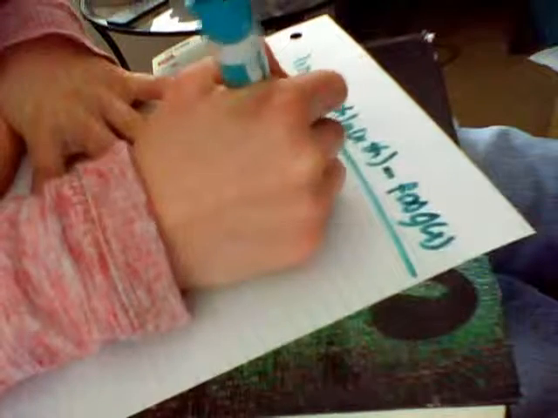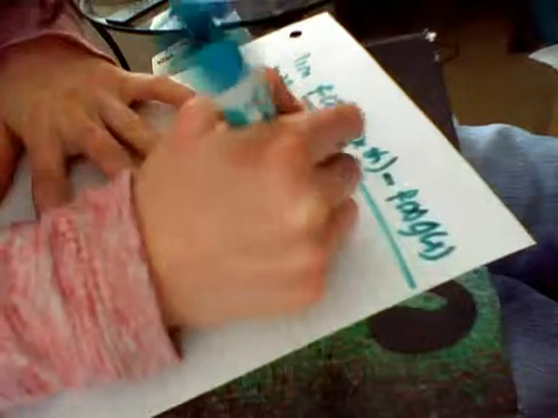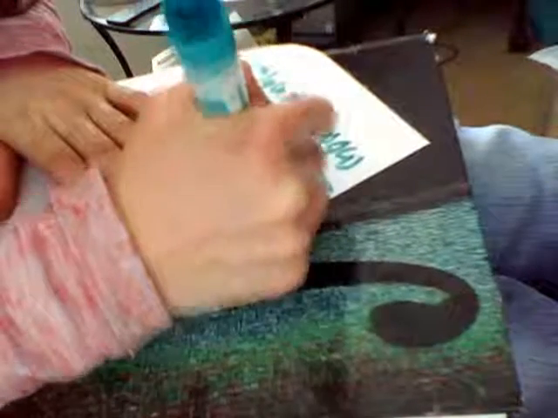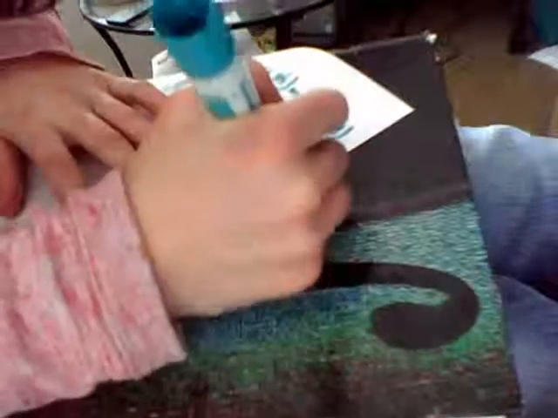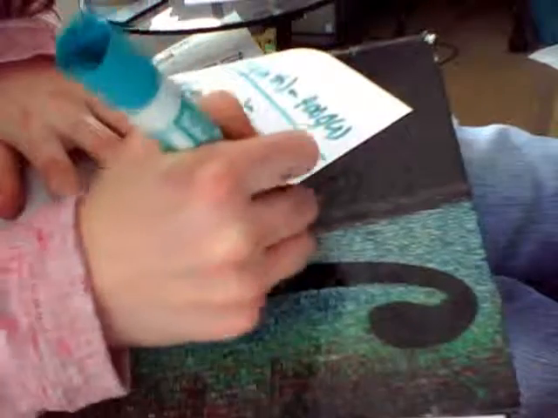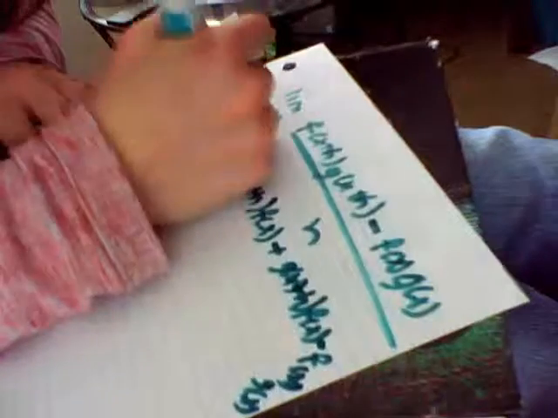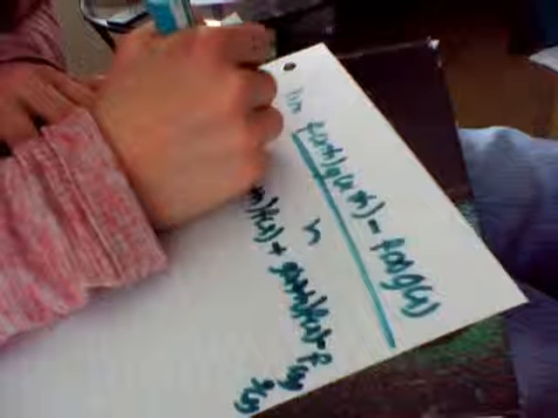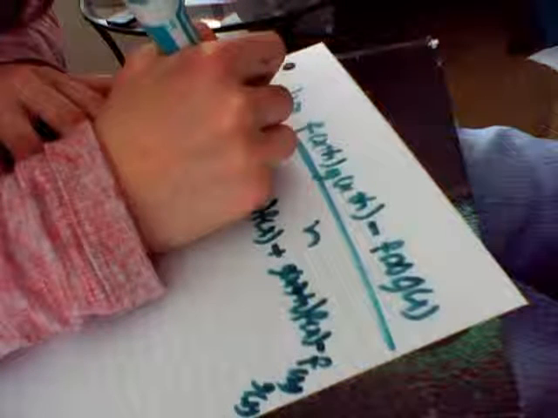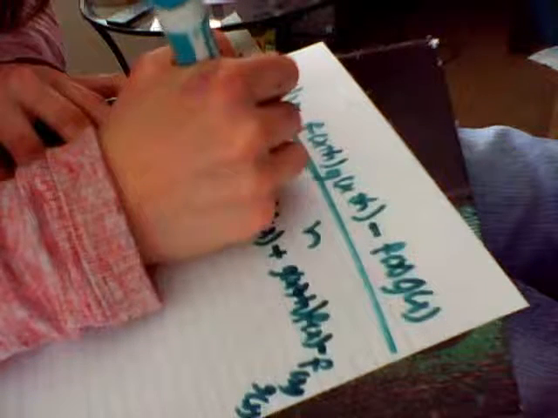So g of x plus h times f of x, plus g of x plus h times f of x, and then minus f of x times g of x, and f of x plus h times g of x, all over h.